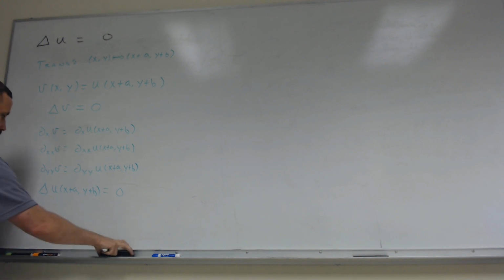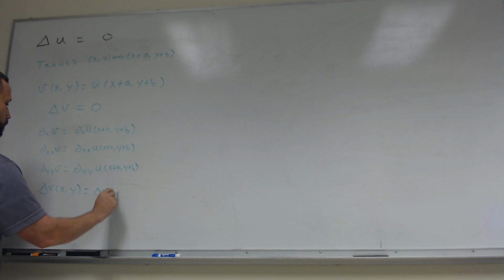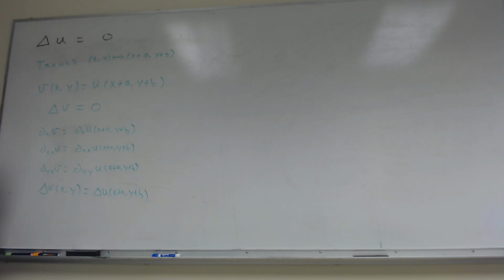In other words, if I write it in terms of v again, the Laplacian of v is equal to the Laplacian of u at (x plus a, y plus b). Okay, in other words, I'm doing the same differentiation, but just evaluating it at a different point.